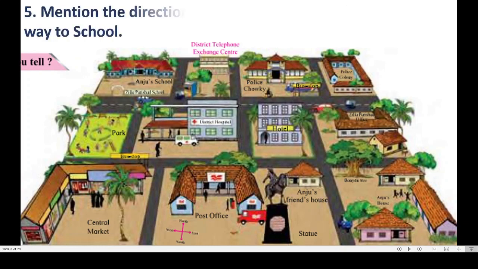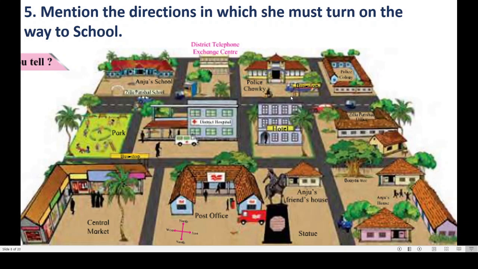Next question is, mention the directions in which she must turn on the way to school. Yes, you are thorough with the directions, isn't it? Okay. Anju left her house. She moved towards north, isn't it? Upside, the upper side, always shows north, right? She moves towards the north.